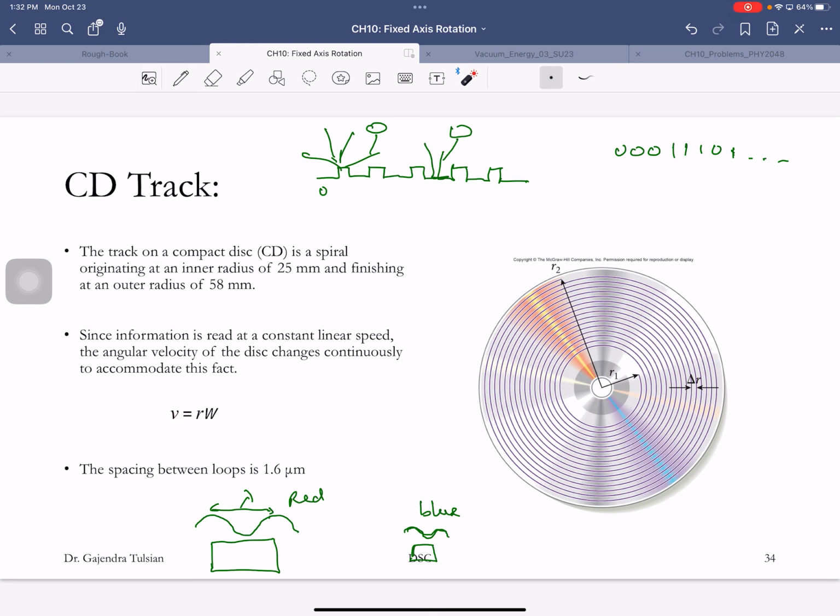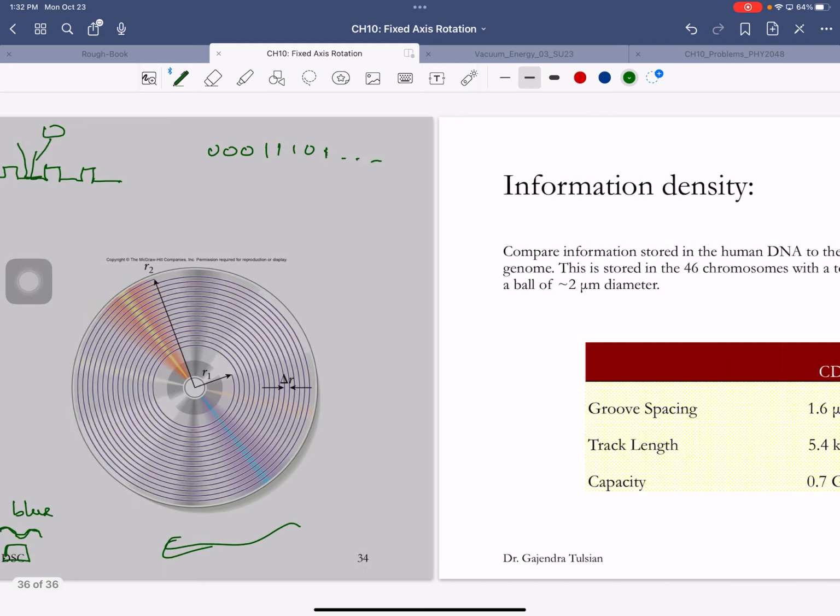So the speed of this has to be constant, and as you're moving outward, as you're reading further and further lines, this radius is increasing, so the angular speed has to decrease. So this v is R omega. So the angular speed of this disk is variable. So you have to have a variable speed motor, and its speed has got to change at a constant rate.